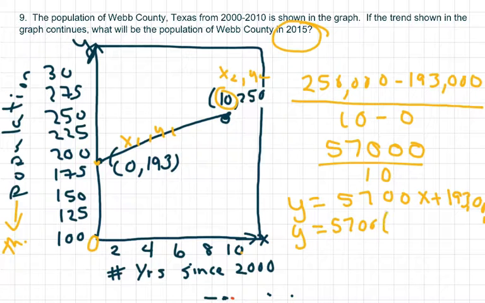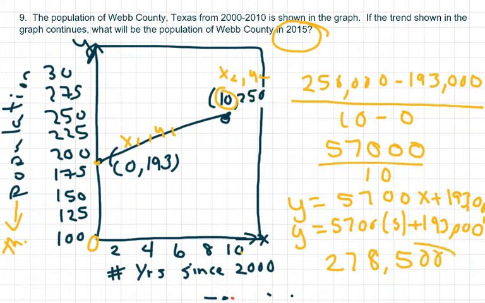So you plug in 5 here, and you get the answer of 278,500. And that's your answer. Okay?